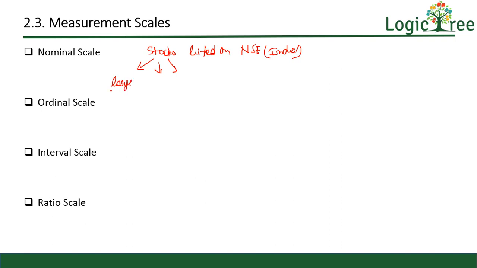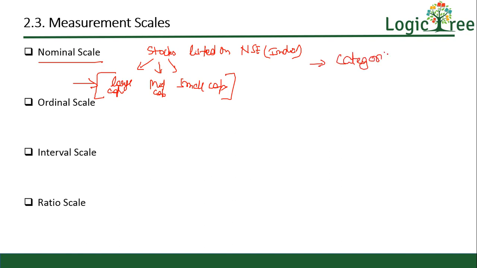Let's say large cap, mid cap, small cap. So I have categorized them on the basis of market cap. So when I am dealing only with categorization, that scale is known as nominal scale. So nominal scale primarily works only for categorization.